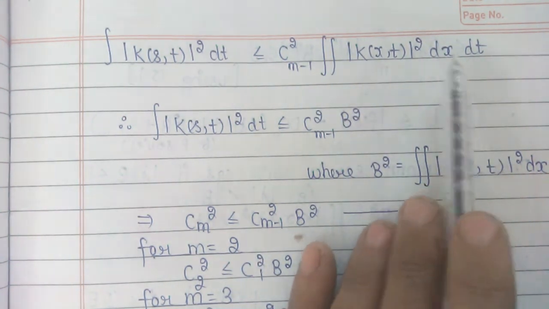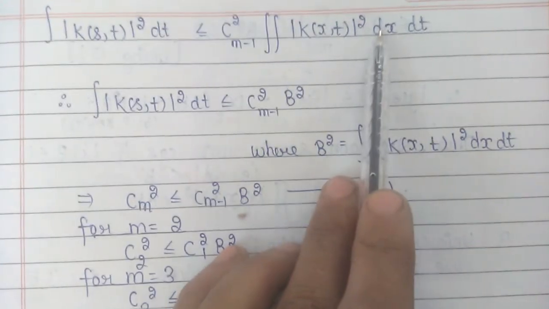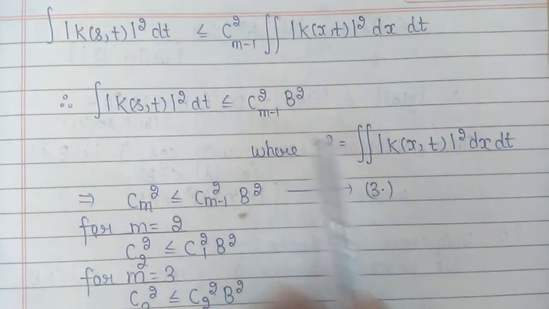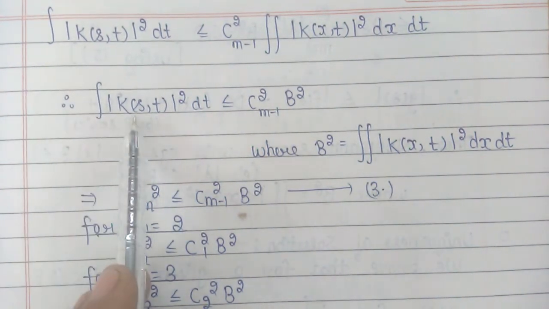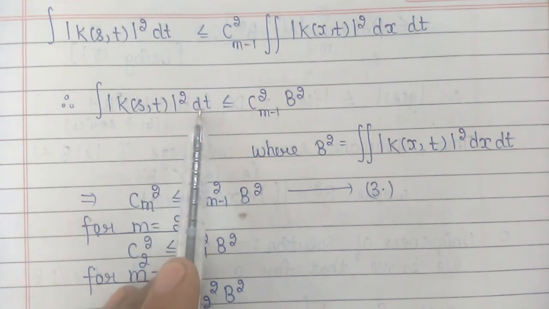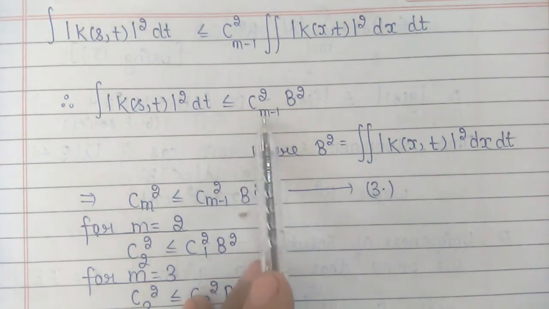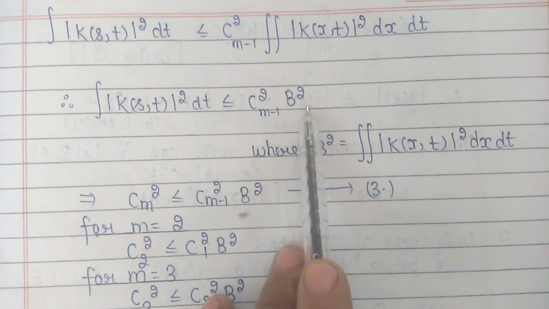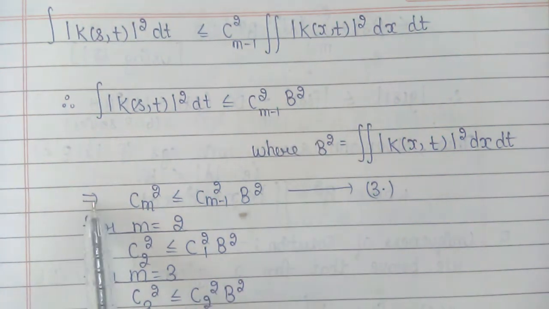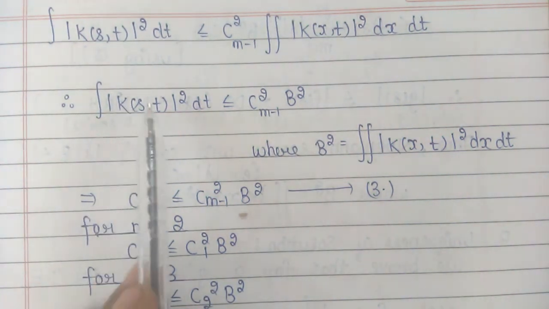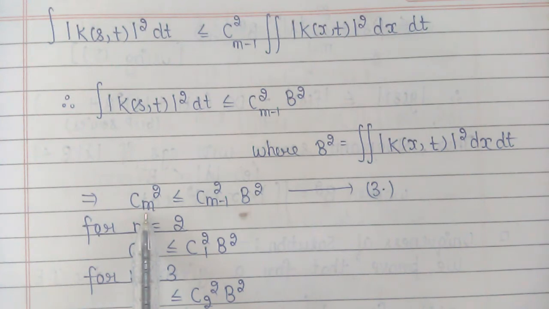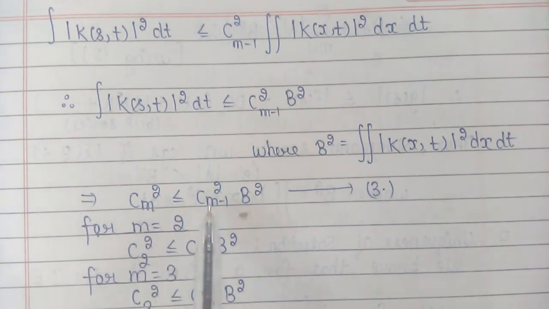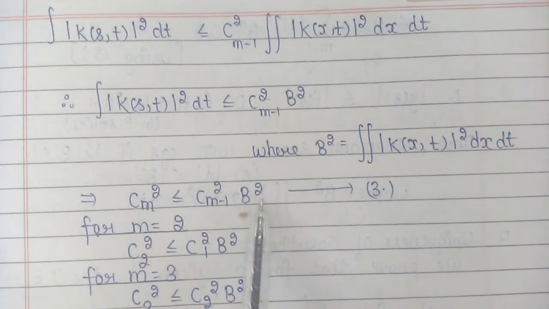Now let us denote this term by b^2. So using this notation, the integral of |K_m(s,t)|^2 dt is less than or equal to c_{m-1}^2 times b^2. This further implies that, because c_m^2 is the upper bound for the mth iterated kernel, we have c_m^2 less than or equal to c_{m-1}^2 times b^2.